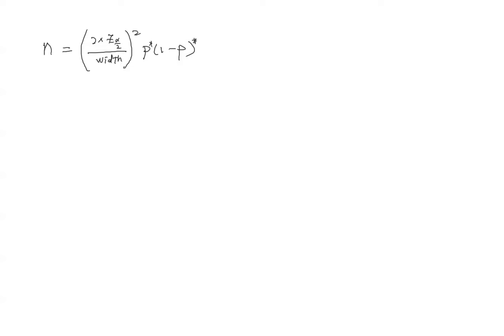I've explained previously that if I plot a graph of N against P, where P is the proportion, the domain will be between 0 and 1.